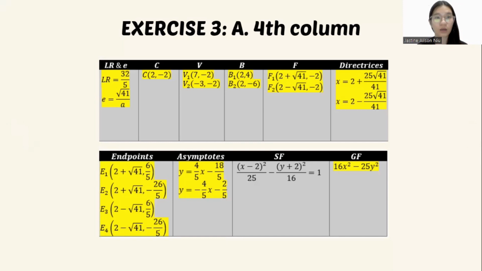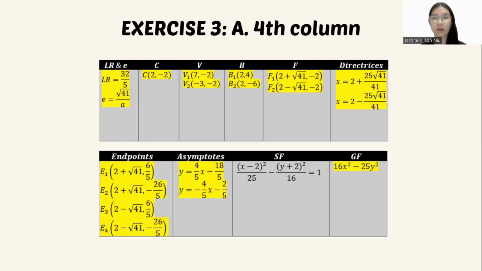Then the answers are: the LR is equal to 32 over 5. The eccentricity is square root of 41 over 5. The center is 2 and negative 2. The vertices are 7 and negative 2, and negative 3 and negative 2. Then the letter B is 2 and 4, then 2 and negative 6.